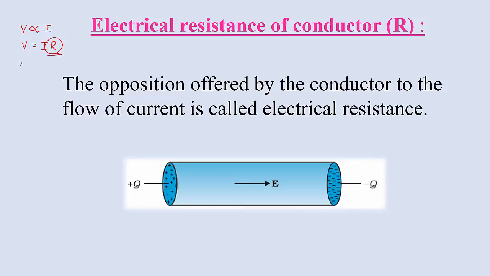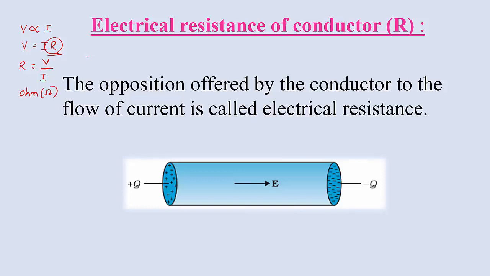Resistance is the ratio of V and I. That means it is the ratio of potential difference across the ends of the conductor to the flow of current in that conductor. R equal to V divided by I, and its SI unit is ohm. So about this we studied in the last session.